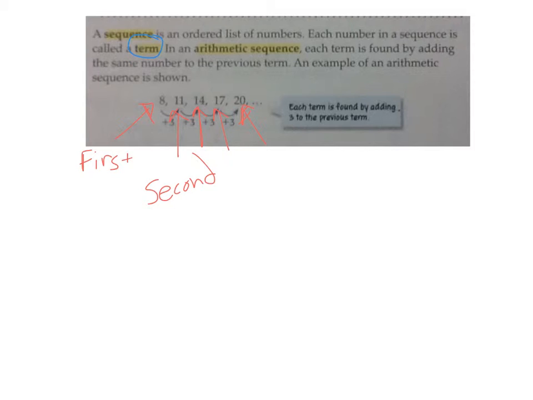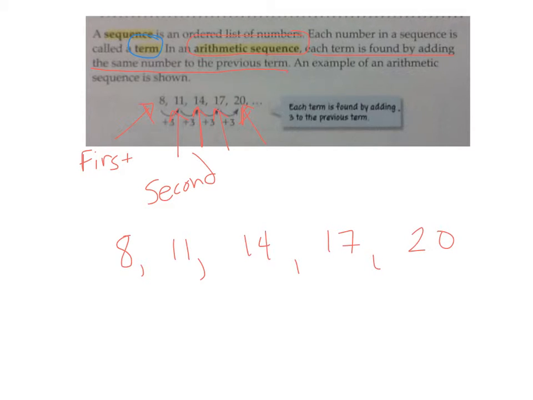This is an arithmetic sequence, and here's the vocabulary. You can tell it's an arithmetic sequence because each term is found by adding the same number to the previous term. So if you take a look at this, remember the sequence is 8, 11, 14, 17, and 20.